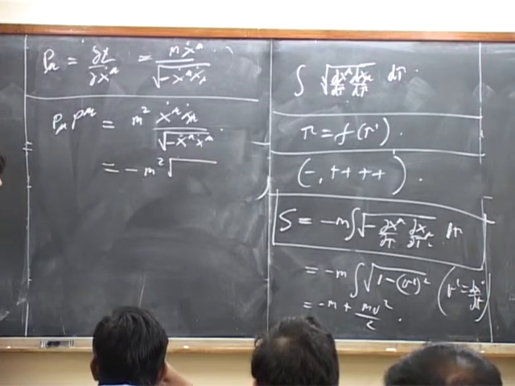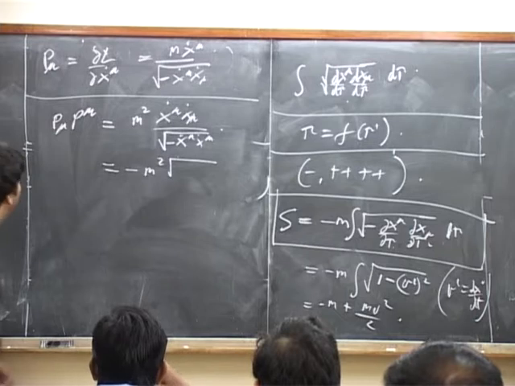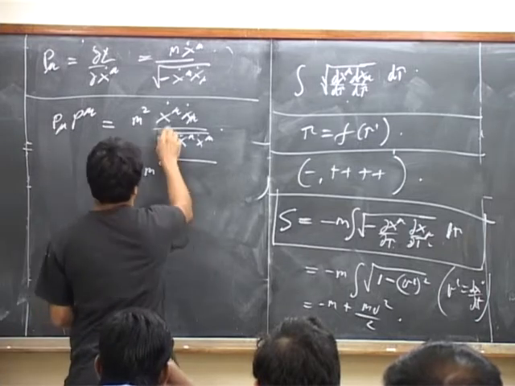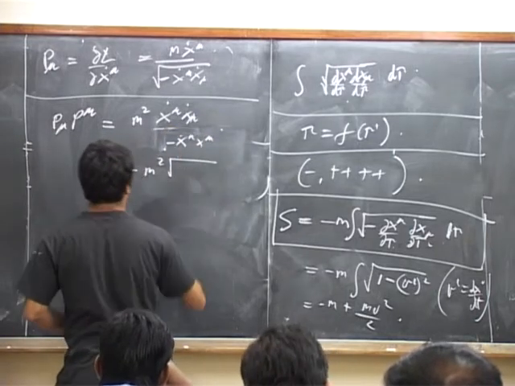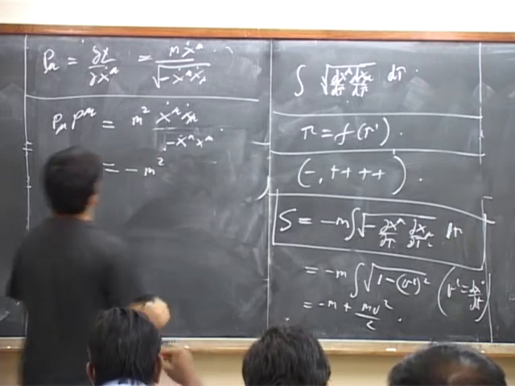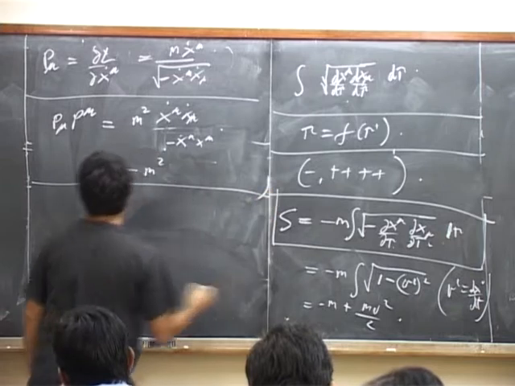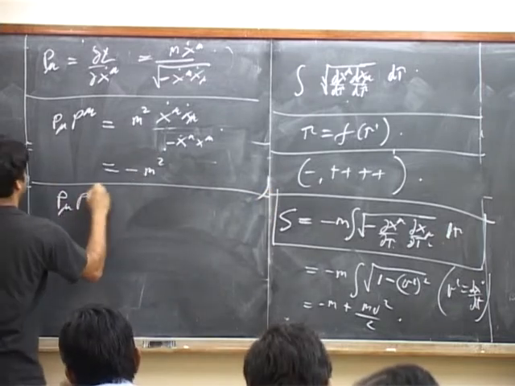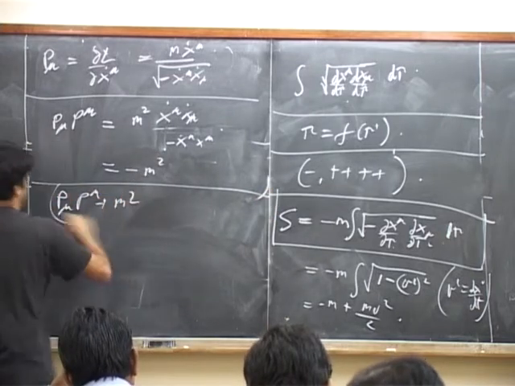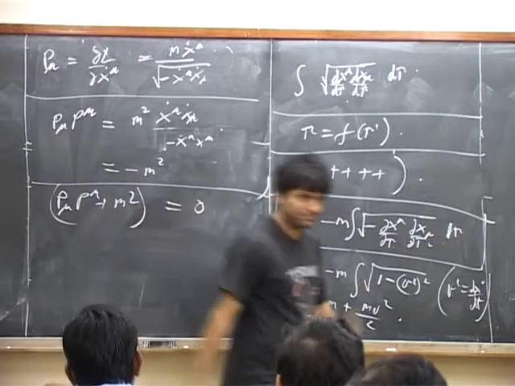It won't be there in the denominator. Oh, thank you. Lovely. So we just get minus m squared. And therefore, we say that P mu P mu plus m squared is equal to 0.